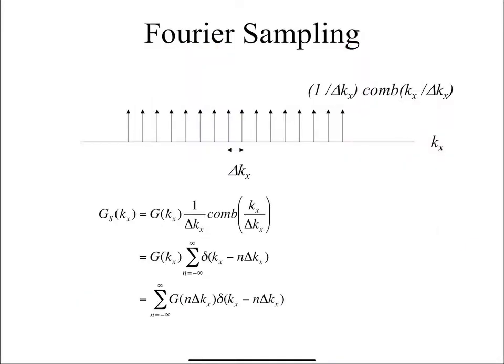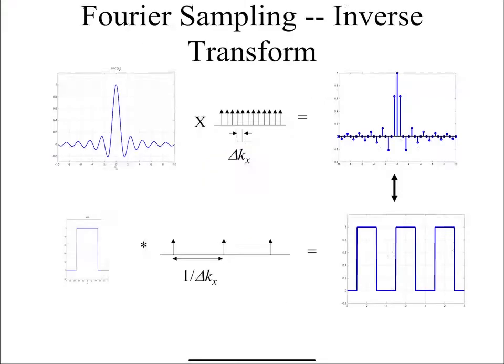So remember, now the Fourier sampling is delta kx, right? So I'm switching notation from delta x to delta kx, because in MR we sample delta k. We're sampling in k space, all right? So now let's take a look at this. So this is my Fourier transform here, which is a sinc function. The sampling is represented by multiplication with this comb function, which has spacing delta kx.